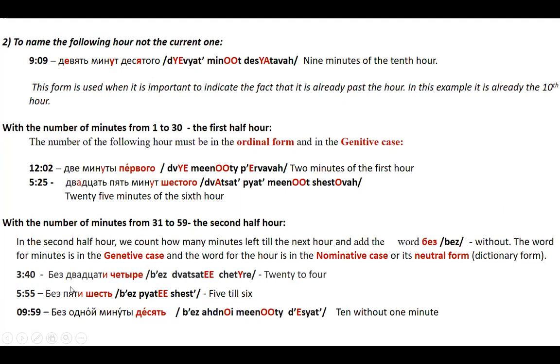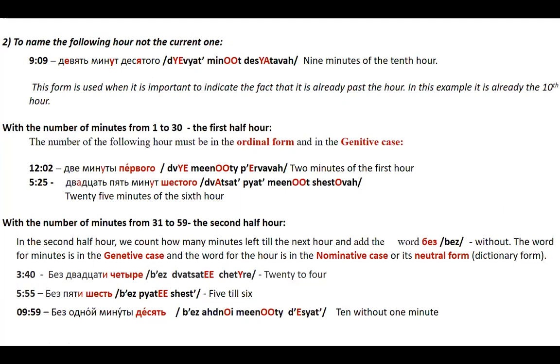For example, 3:40, 3 часа 40 минут, we can say as 20 to 4. So we have 20 minutes left until hour 4. It's past hour 3, and we still lack 20 minutes until the next hour.